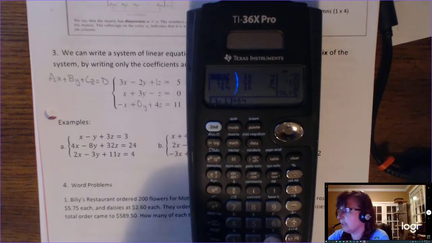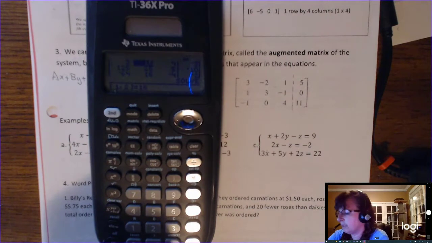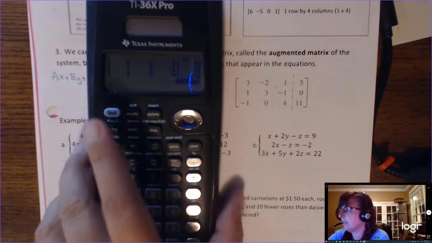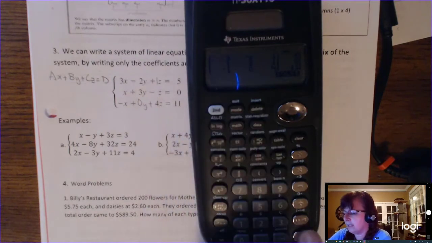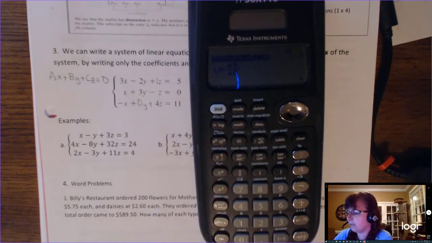So you just would hit 3, enter, and then -2, enter, and then 1, enter, and then 5, enter, and then 1, 3, -1, 0, and then -1, 0, 4, and 11, and we put that augmented matrix in for this system, and then when you hit solve, it'll give you the answers.